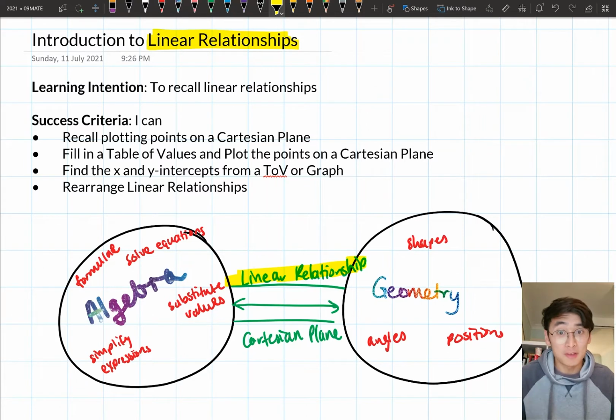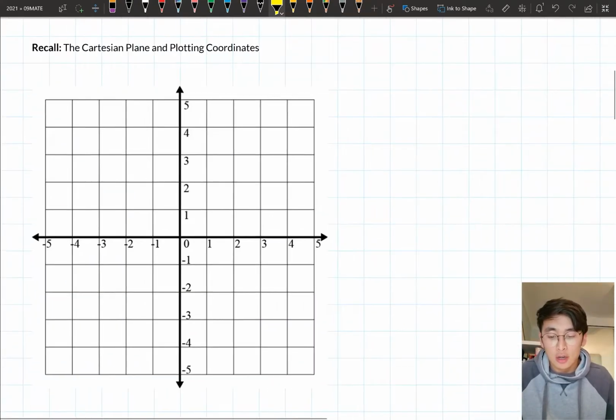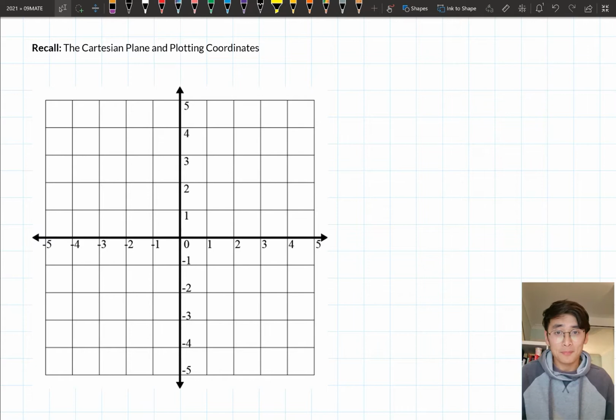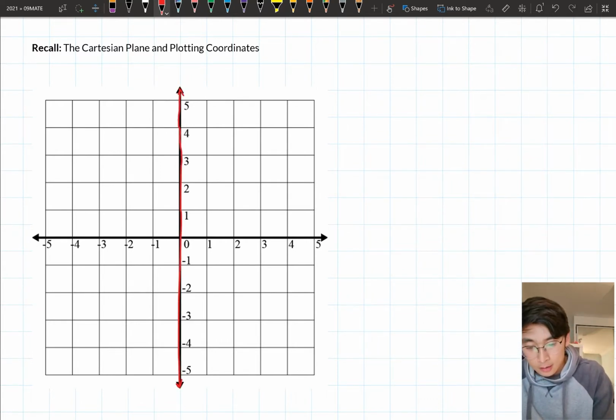So the first thing we need to do is look at the Cartesian plane again. Hopefully in year 8, you remember looking at something like this. This is what a Cartesian plane looks like. It has two lines that intersect at 90 degrees. So we've got this line over here and this line over here.